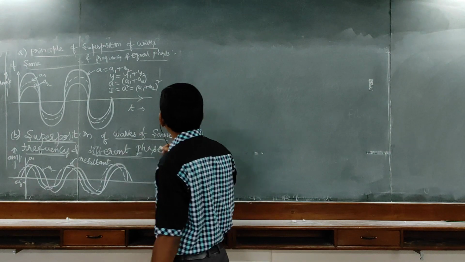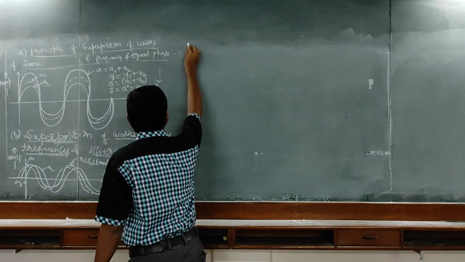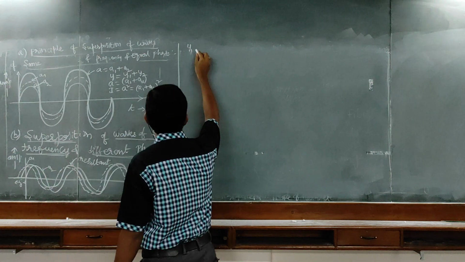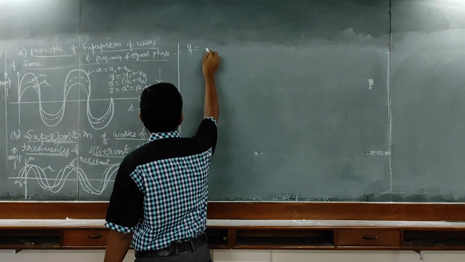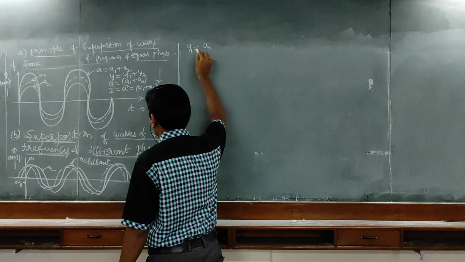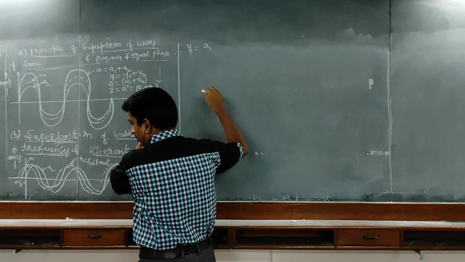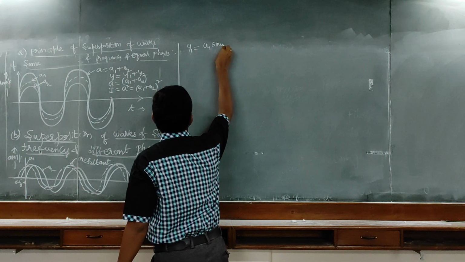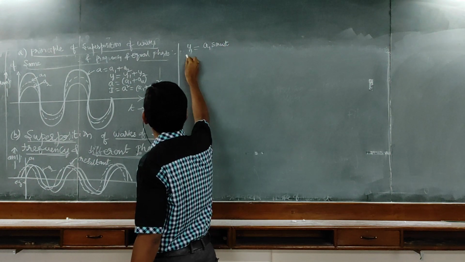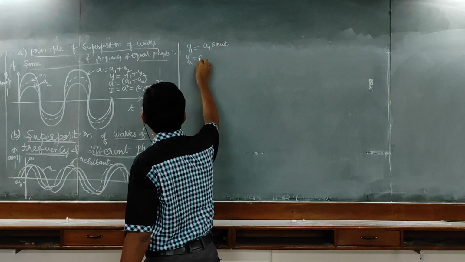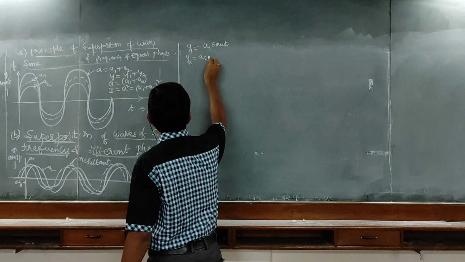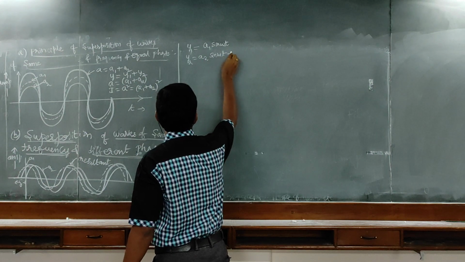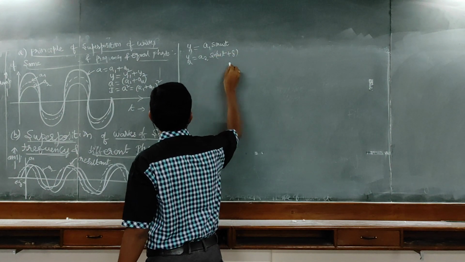That is, wave 1 whose displacement is given by y1 and amplitude is a1, so y1 equals a1 sin omega t, and y2 equals a2 sin (omega t plus delta).